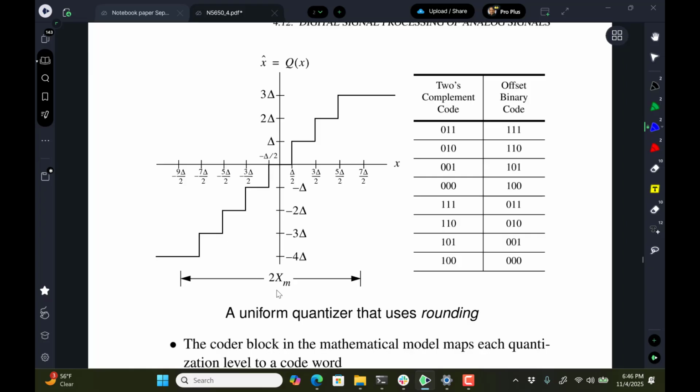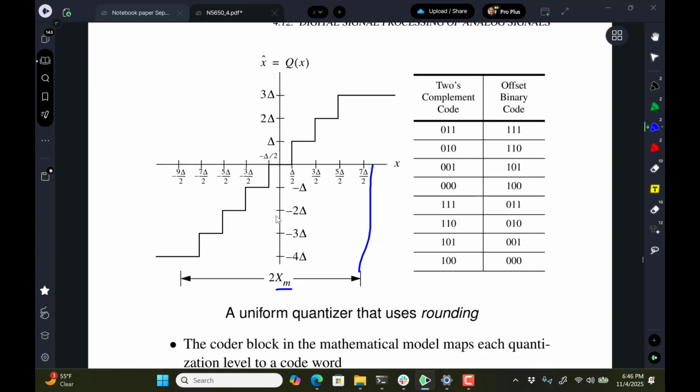I guess I have 7 delta on there, so X max is 7 delta over 2. And then it's minus 9 delta over 2 for the min, but we don't get that picky about it. We're just saying it's some positive swing and the negative swing is symmetrical.